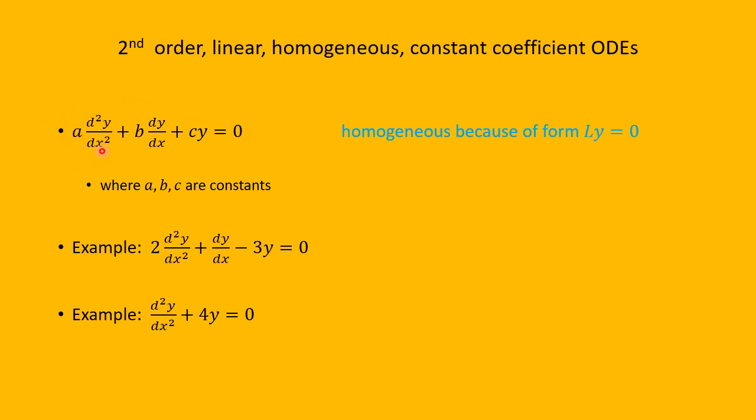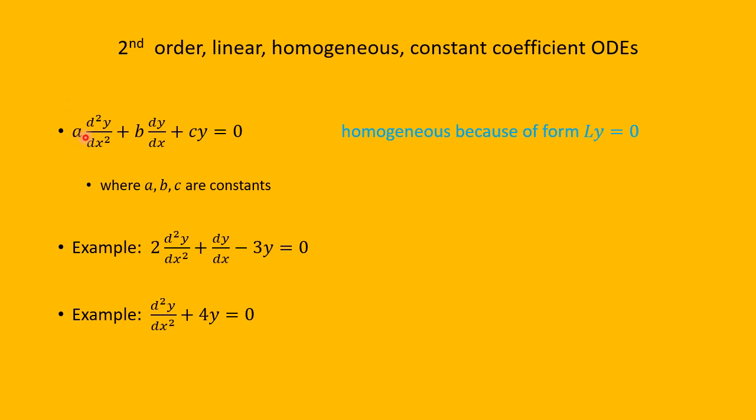We don't have a leading coefficient of 1 here, but since these are constants and this is second order, we know that this a here is not 0, because if it were, this term would just be the 0 term, and we would really have a first order equation. So we're assuming here that a is not 0.